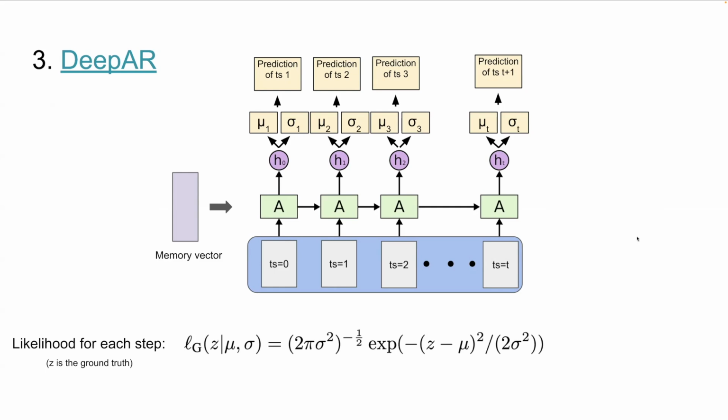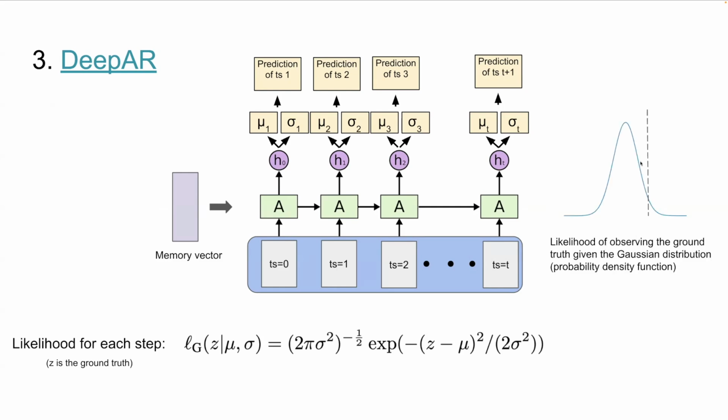So when you're training this network, you'll be computing this likelihood for every time step. This is the same as if you think about the probability density function for the Gaussian distribution. If we predict the mean and sigma, we'll be able to get this blue curve here.